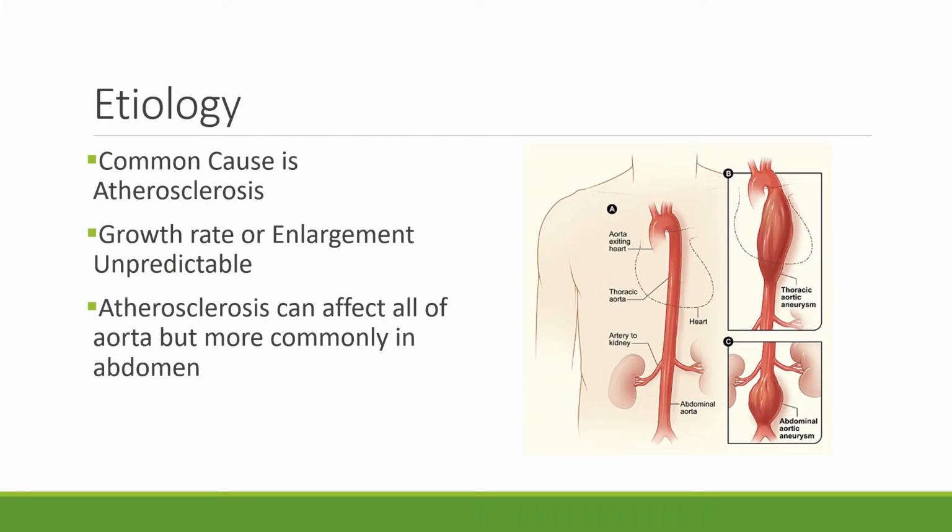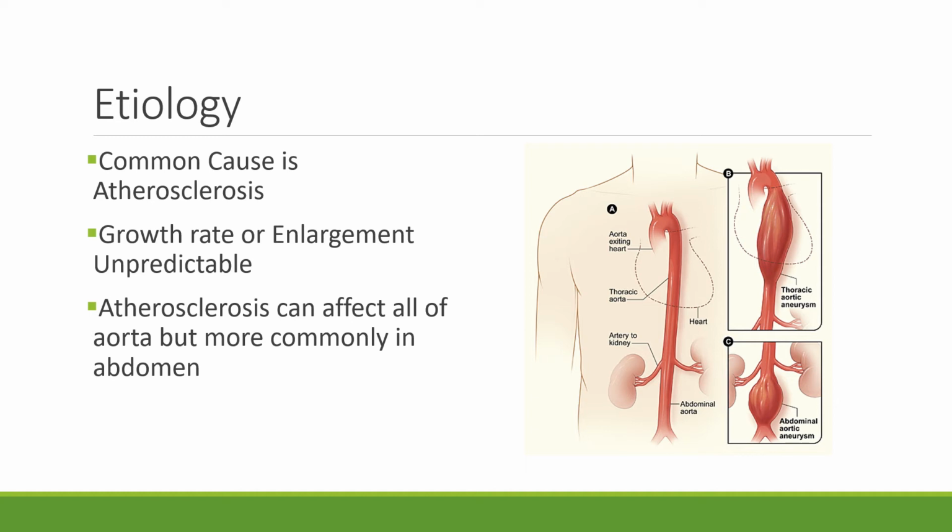Some things we should know about aortic aneurysms includes the most common cause, which is atherosclerosis. Also, that the growth rate or enlargement in diameter of any given individual's aneurysm is unpredictable.